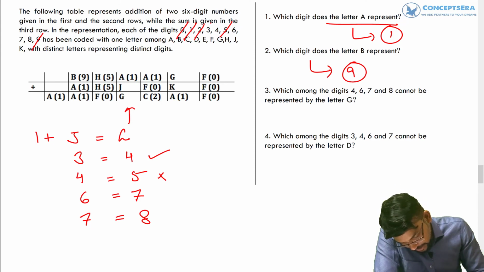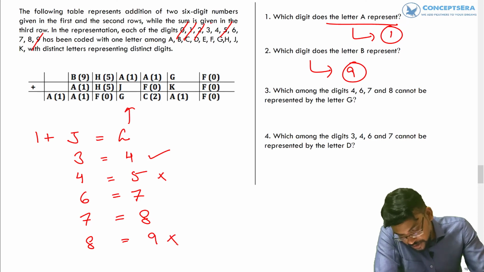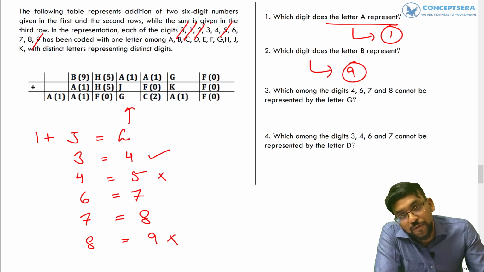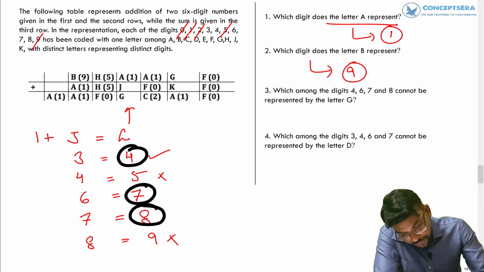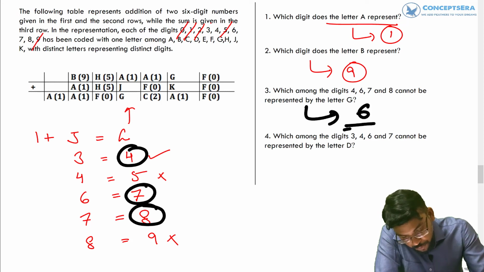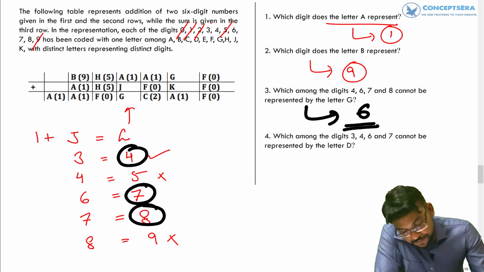If J is equal to 8, G is equal to 9, which is not possible because B is representing 9. So the possible values of G are 4, 7 and 8. So 6 is not possible here. So the right answer is 6.